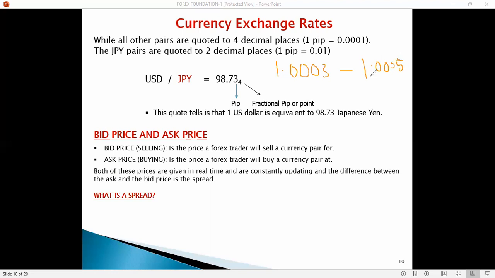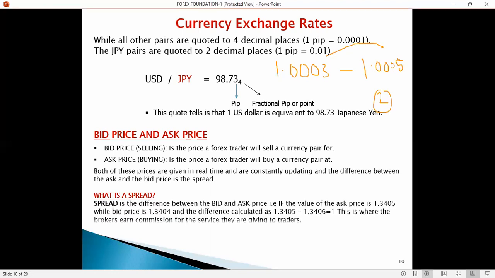You agree with me that the difference between these two numbers is just 2. So this 2 right here is known as the spread. And what is a spread? A spread is the difference between the ask and bid price, and the brokers earn from this spread.